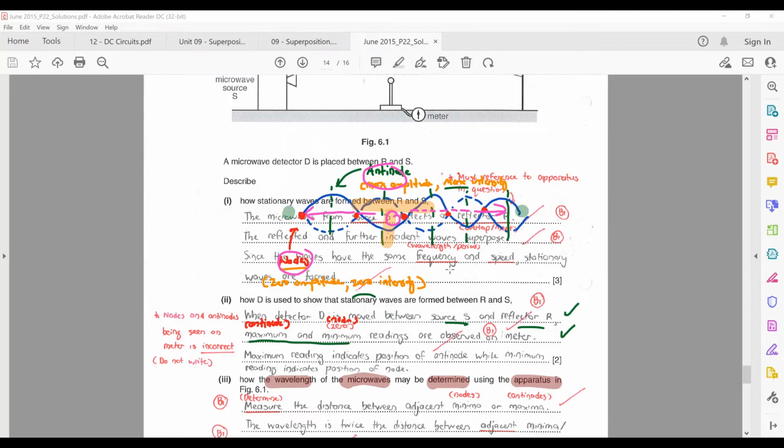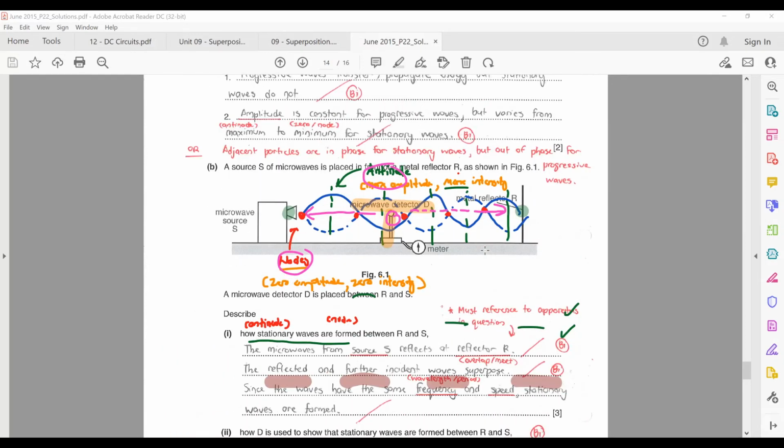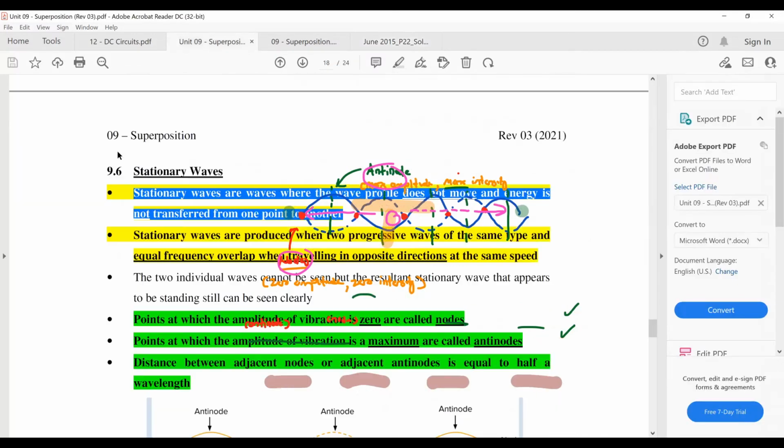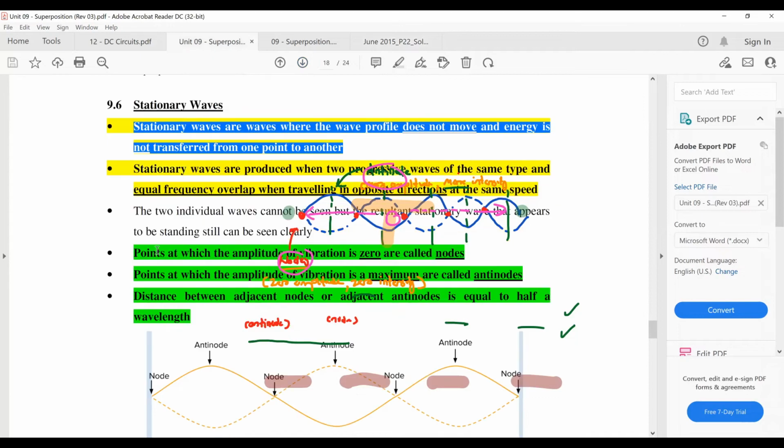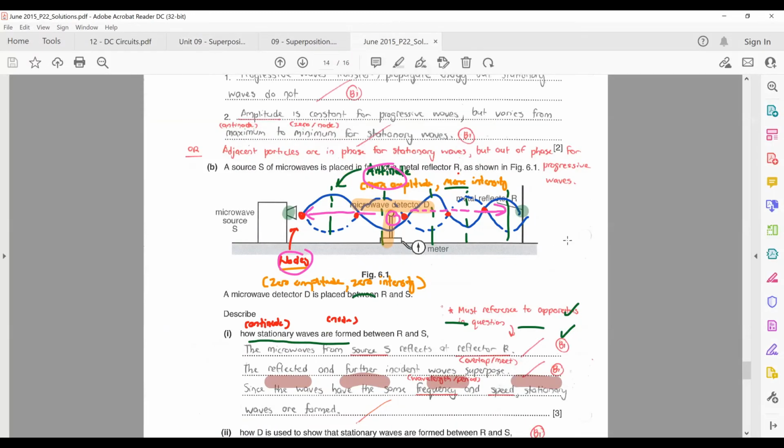So if this one is okay, then we just go back up to the same diagram. If you recall what I mentioned in the notes before, it was mentioned that distance between adjacent nodes or adjacent antinodes will always be equals to half a wavelength.